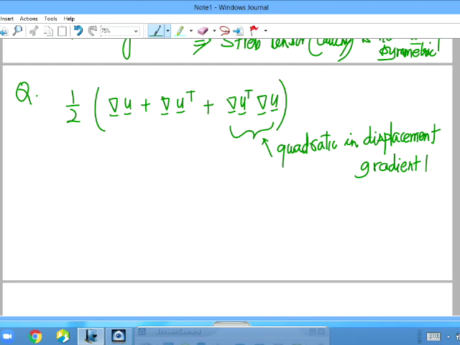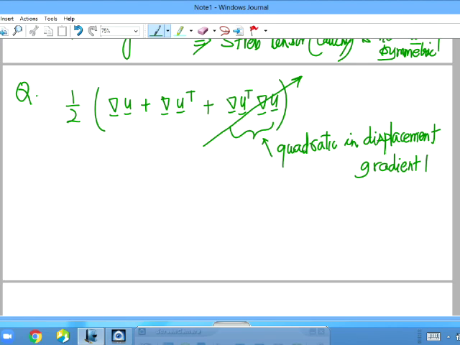For linear elasticity, displacement gradients are assumed to be very, very small. So del u1 by del x1, for example, would be of the order of 0.1 or 0.01. When you take its quadratic combination, for example, del u1 by del x1 times del u1 by del x2, that's going to be even smaller. Therefore, in linear elasticity, we neglect this quadratic term and only retain the linear terms in displacement.